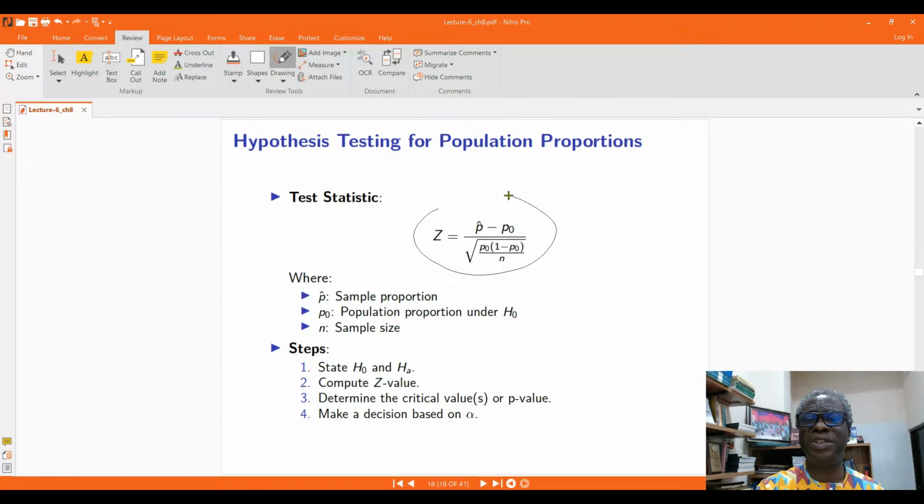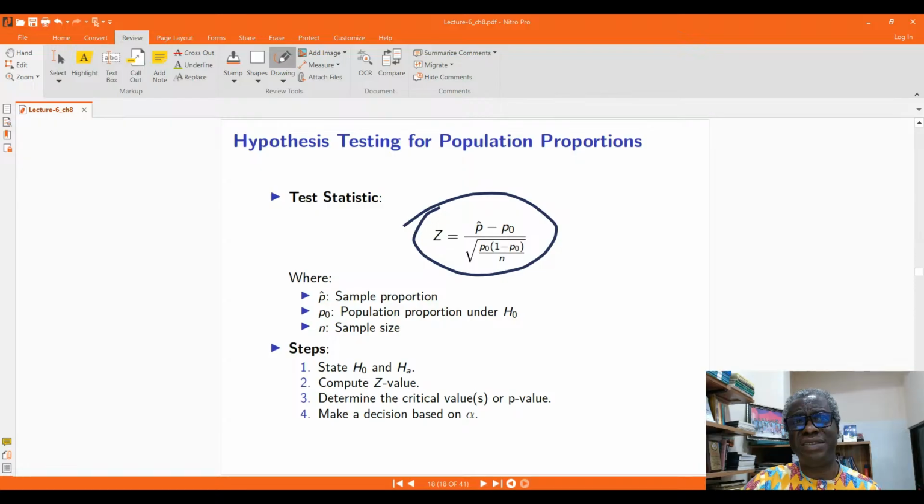So this is the formula where Z is the Z statistic, and the P hat is the sample proportion, and then the P naught is the hypothesized proportion, the proportion being claimed by the researcher. Every other thing is straightforward.